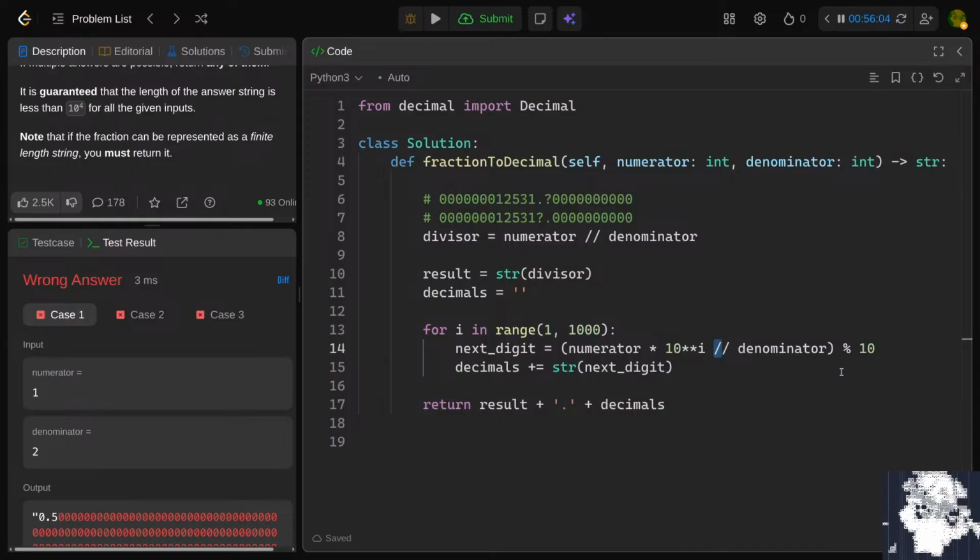Right, I could do a regular division and then keep multiplying by 10, but then I would lose precision, because I'd only have as many digits as the floating point had when I did the first division.